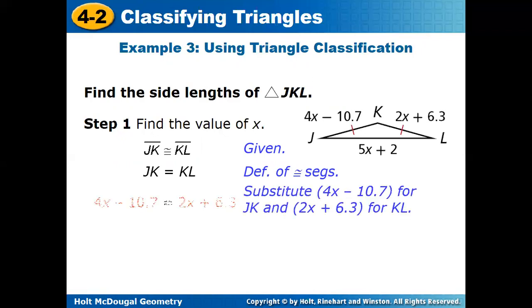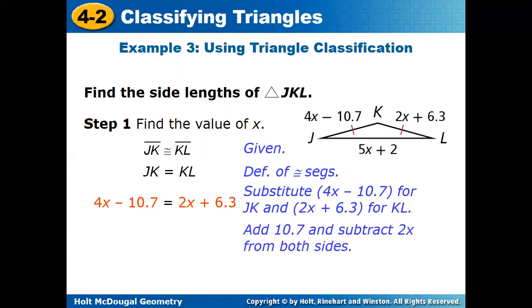Then substitute, and you will see an equation from algebra. We can solve it. We add 10.7 to both sides and also subtract 2x from both sides. So we will find that 2x is equal to 17.0, or 17. Now divide both sides by 2.